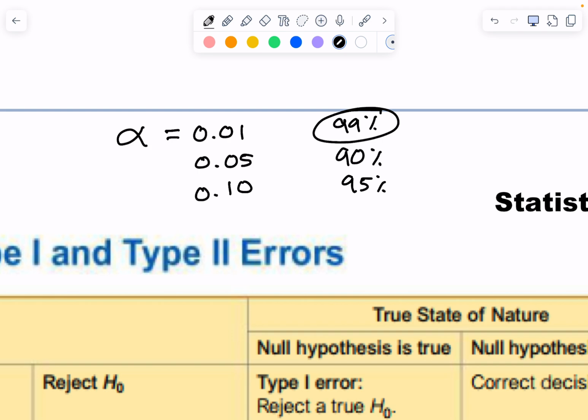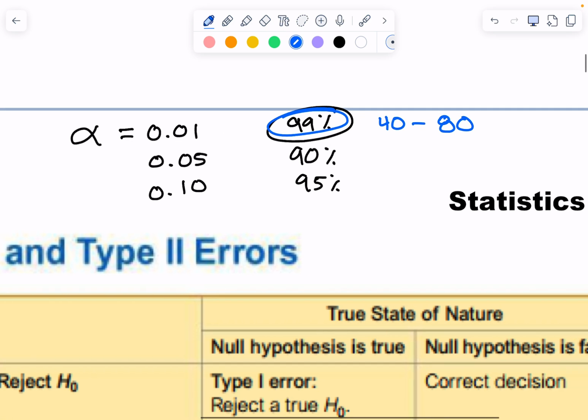Because 99% confident is going to be a wider range. So maybe 99% confident will say, I'm 99% sure that you scored between a 40 and an 80 on the test. And you're like, great, well, that didn't help me a whole lot. Okay, I'm 95% sure that you scored between a 60 and a 70 on the test, right? Or I could be 90% sure that you scored between a 66 and a 68 on the test, right?